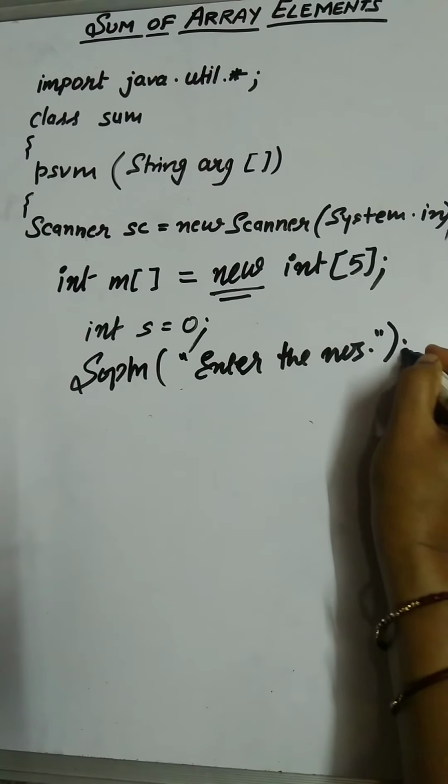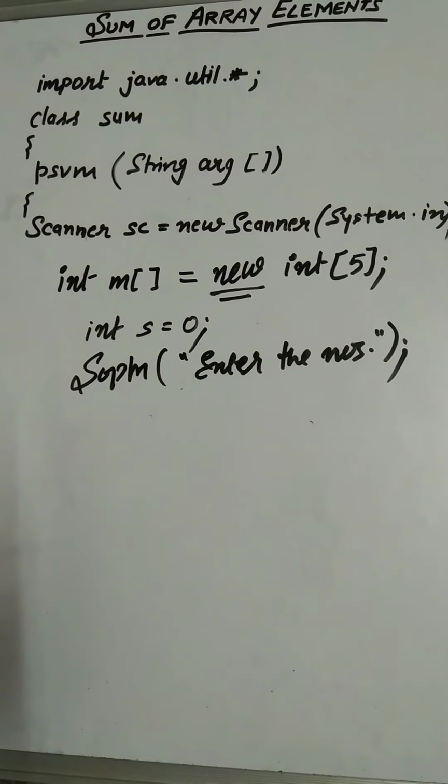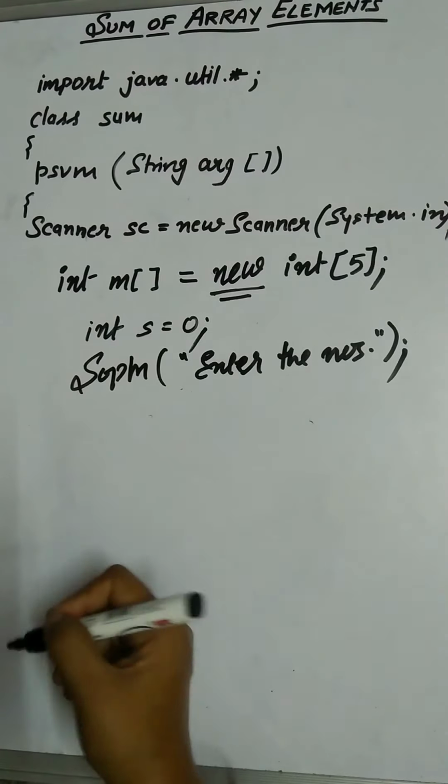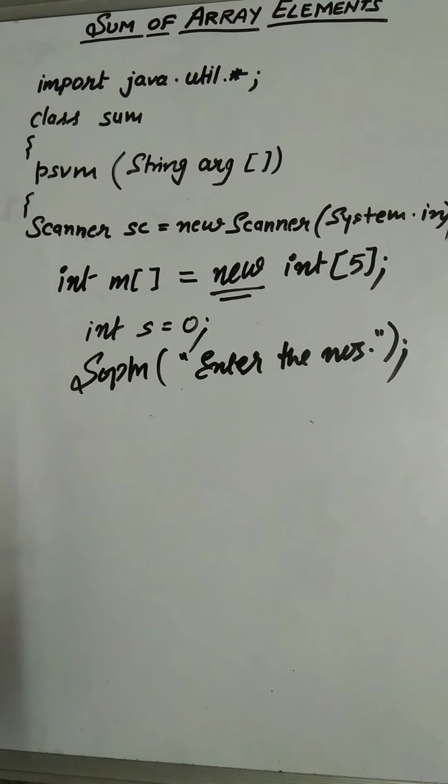So we have to take input from the user. Here we need 2 loops. One loop is for entering the numbers and the second loop is responsible for calculation.